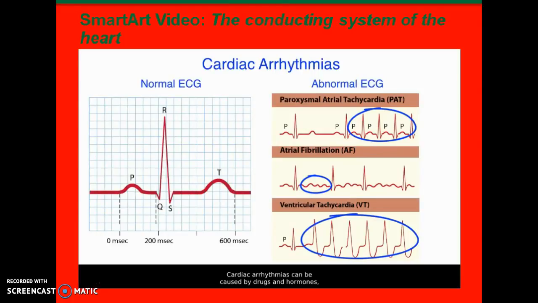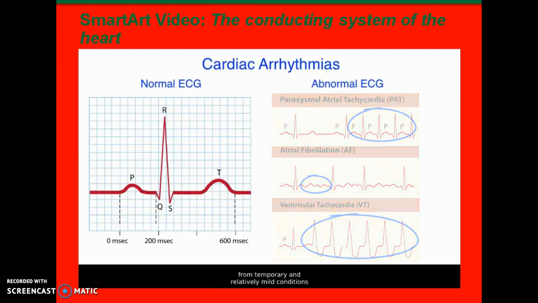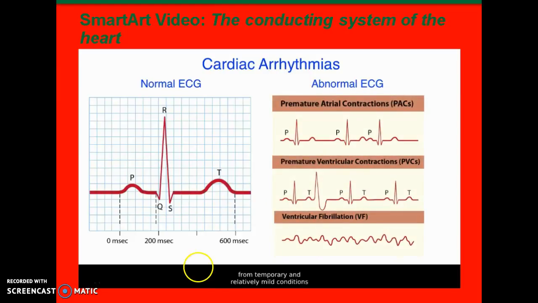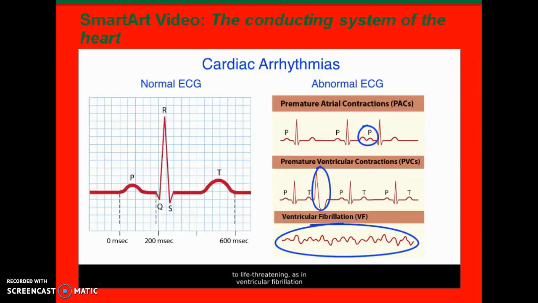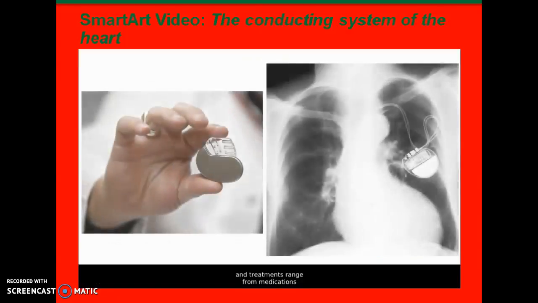Cardiac arrhythmias can be caused by drugs and hormones, a heart attack, or for unknown reasons, and can range from temporary and relatively mild conditions, such as premature contractions of the atria or ventricles, to life-threatening, as in ventricular fibrillation, when the ventricles quiver and are unable to inject blood. Many other cardiac arrhythmias are possible, and treatments range from medications to the surgical implantation of an artificial pacemaker to regulate heart rate.